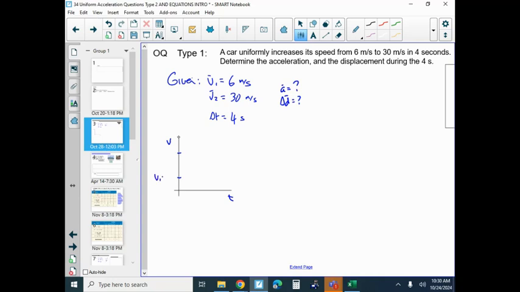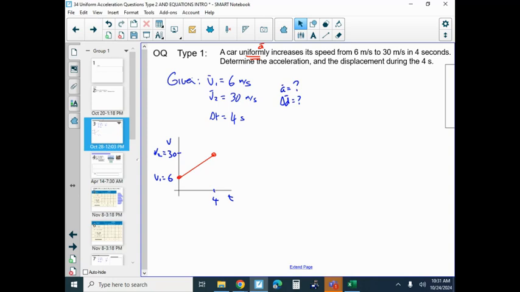So V1 equals 6, V2 equals 30, and it takes 4 seconds to make that change, because we are told that it is uniformly increasing its velocity. We're going to go from start to finish with a nice straight line. Otherwise, we'd have curves and we'd need calculus to calculate things, especially the displacement.